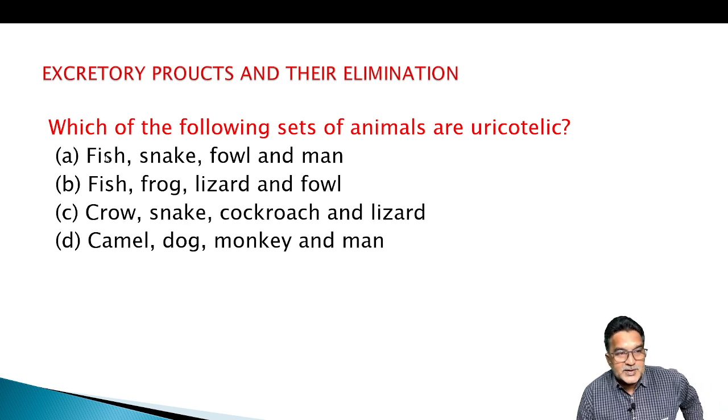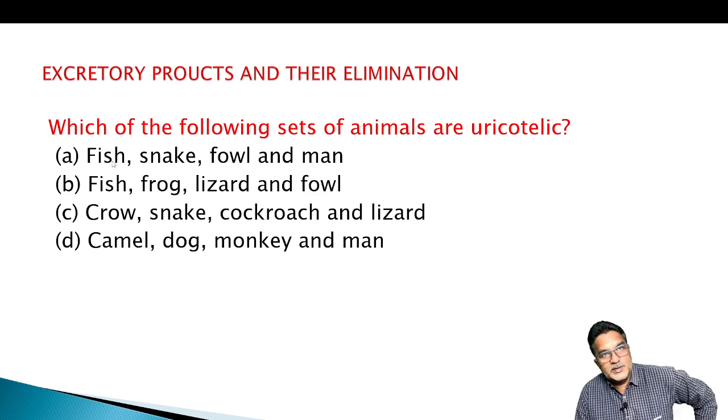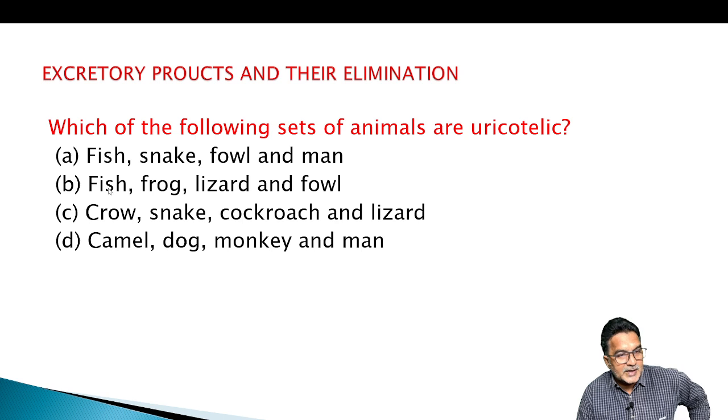Bony fish excrete ammonia and cartilaginous fishes urea, so you can skip the first option directly. The second option also has fish. We need birds, reptiles, insects. So crow, snake, cockroach and lizard. Camel is a mammal, urea. Our answer is crow, snake, cockroach and lizard.